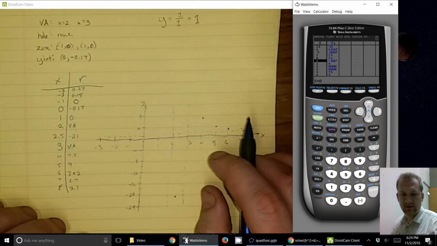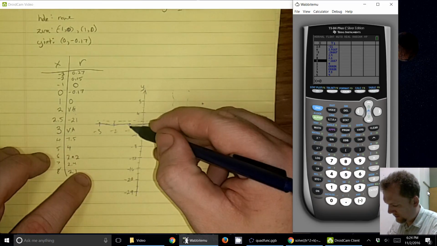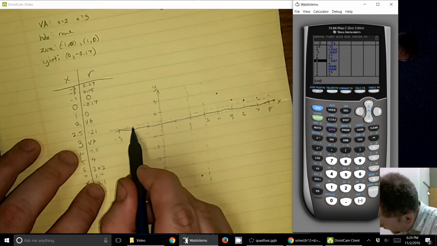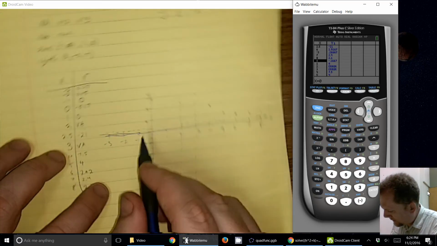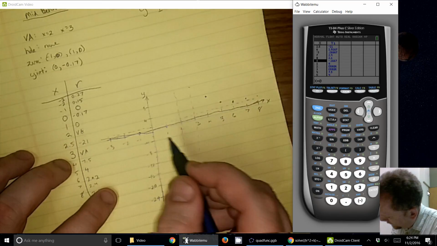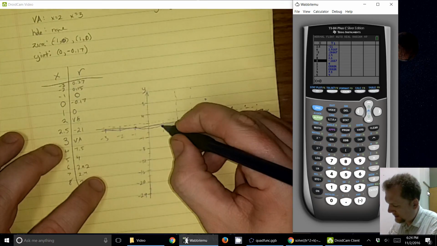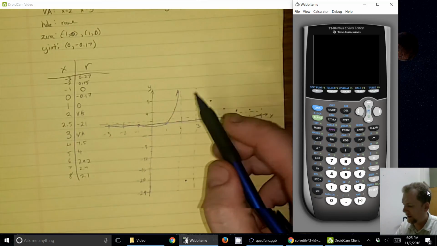I think we see what's going on here. We crossed right here. Now it's approaching this horizontal asymptote, and then it's going to cross right there. And then it comes down, goes through there, but then it starts turning around because it crosses again. And it's okay to cross a horizontal asymptote, right? That's okay to do.